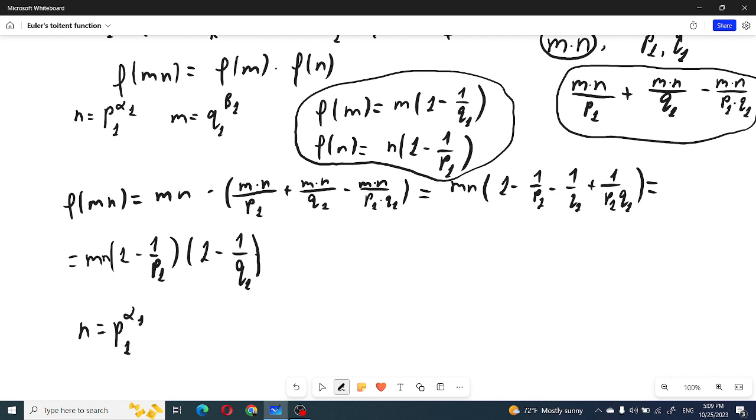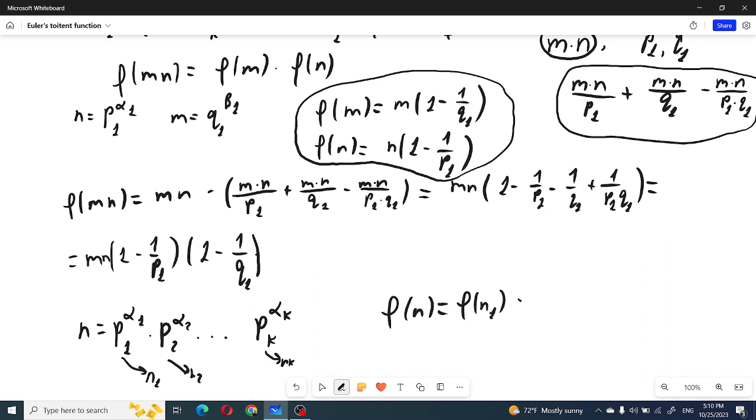If we represent n, which in the beginning we are given as n equals p1 to the alpha 1, p2 to the alpha 2, up to pk to the alpha k, and represent each prime power as n1, n2, up to nk, then phi of n must be phi of n1 times phi of n2, up to phi of nk.